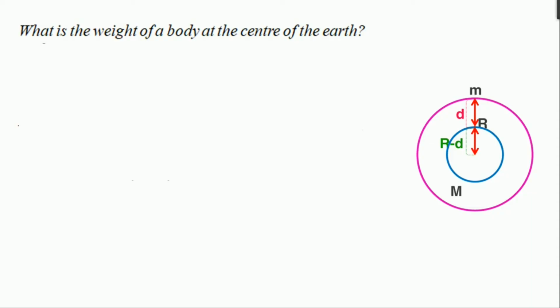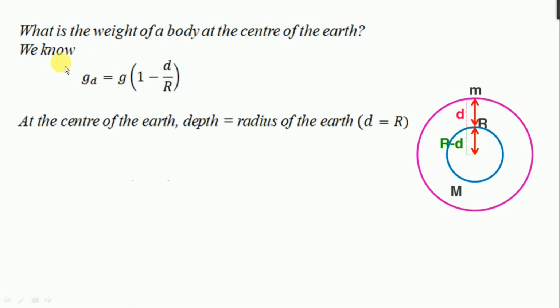Now we will solve some questions on acceleration due to gravity. So we have to find the weight of the body at the center of the earth. So we know at some depth acceleration due to gravity is given by this expression, and when we take the object to the center of the earth, that time this depth will be equal to the radius. So I can write d is equal to r.